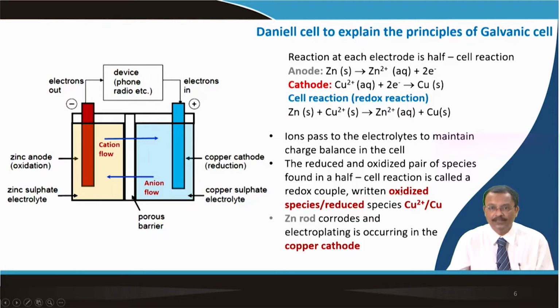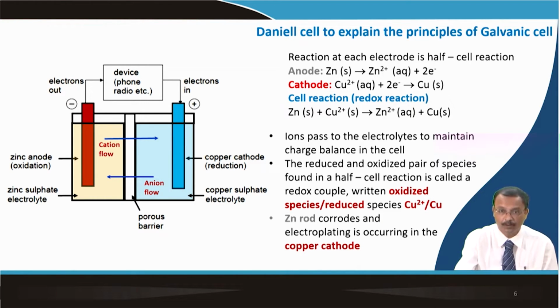It is written as oxidized species versus reduced species. So, this is Cu2+/Cu, which defines the redox couple. In this reaction, the zinc rod corrodes and electroplating occurs on the copper cathode.